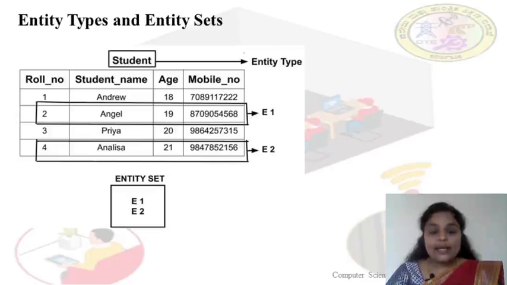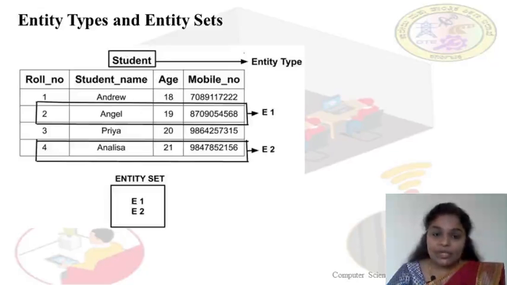See, Angel has roll number, student name, age and mobile number. Does she have an extra address field? She might be having, but my question is, in this table, does she have an extra field? No. Does Priya have an extra field for address? No. Annalisa, does she have? No. No one has an extra address field.